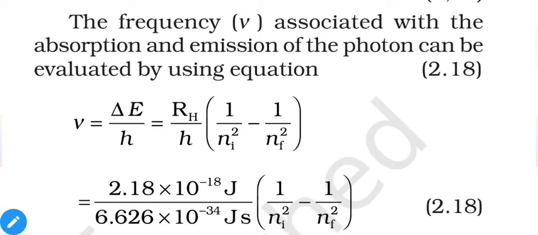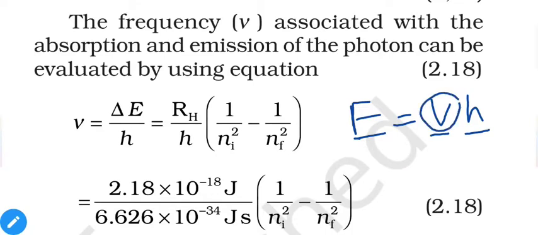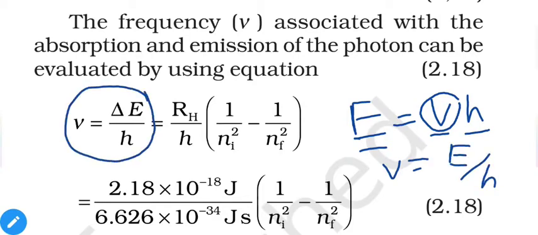So here our equation will be, as mentioned earlier, the energy of electromagnetic radiation having frequency V will be E is equal to V into H, that means frequency into Planck constant. Or if you want to find frequency from the given energy, our equation will be V is equal to E upon H. So the same equation is used here.